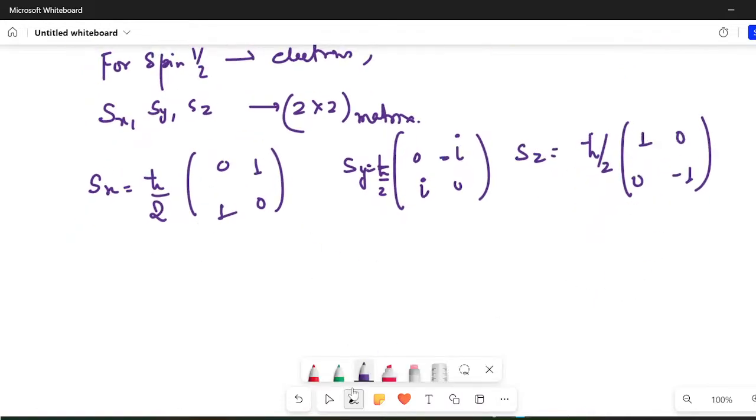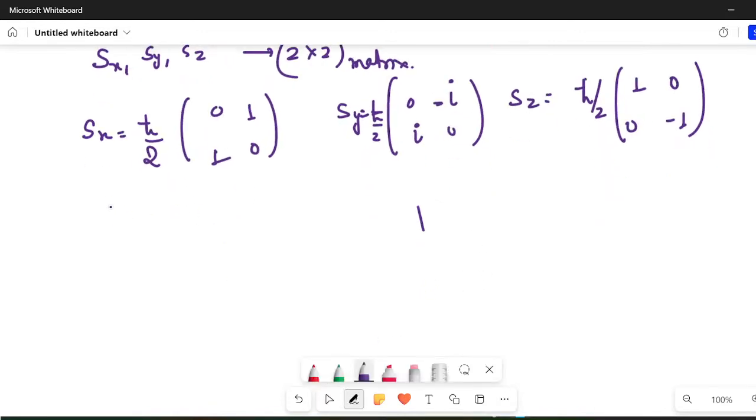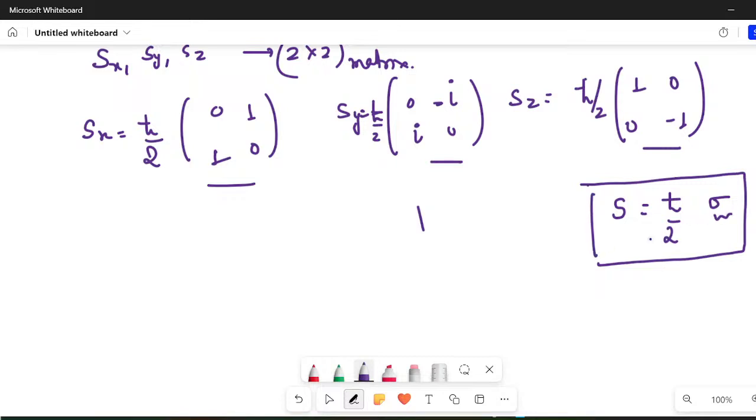If these are the matrices Sx, Sy, and Sz, then what would be the eigenvalues corresponding to them? And please remember, did you not see the same structure in your Pauli matrices? So you can always write S as h bar by 2 times sigma. This is how you can relate your spin matrices, Sx, Sy and Sz, with your Pauli matrices. I stated this very initially in the lecture.